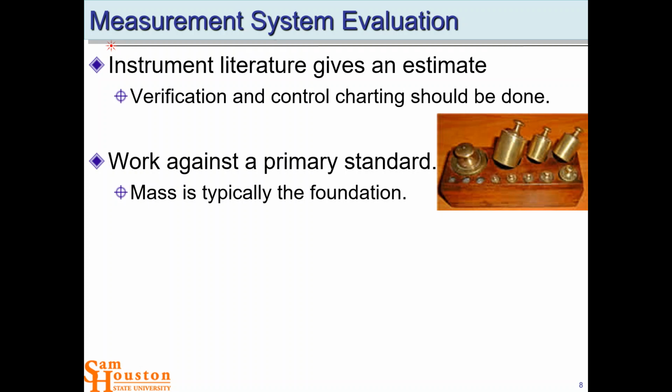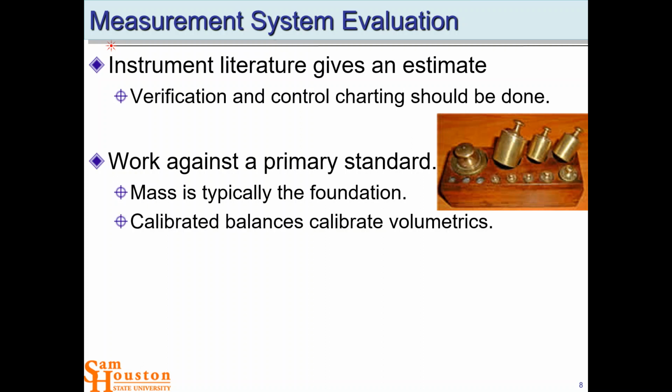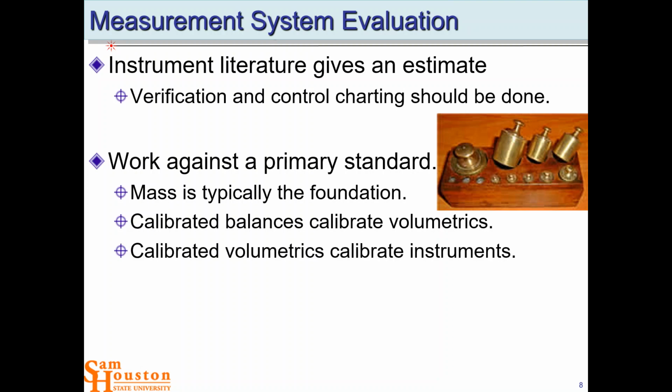Okay? You get the ANOVA output, you do a linear regression, and you get the uncertainty in that slope value, and it'll tell you the uncertainty in your pipette. So it'll be 0.1 plus or minus whatever the variability was in that slope. That's a way to calibrate your pipettes. So calibrated balances produce calibrated volumetrics, calibrated pipettes, and those calibrated volumetrics will calibrate your instruments.